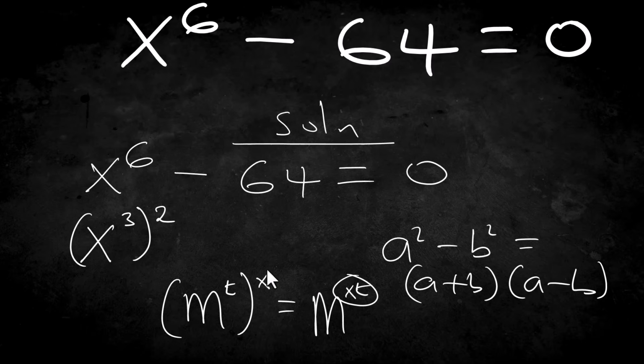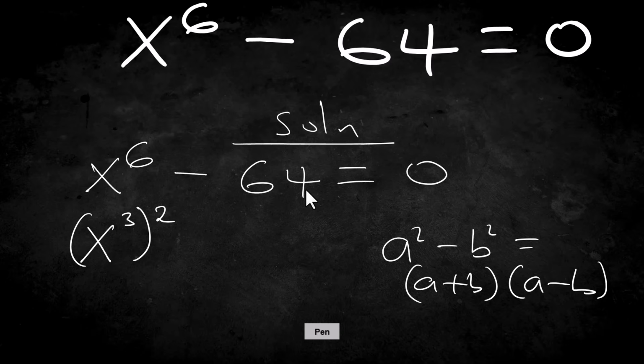Okay, we can now write the 64 as 8 squared, because 8 squared is 64. So we have done nothing. So from here, my a is x cubed, my b is 8.